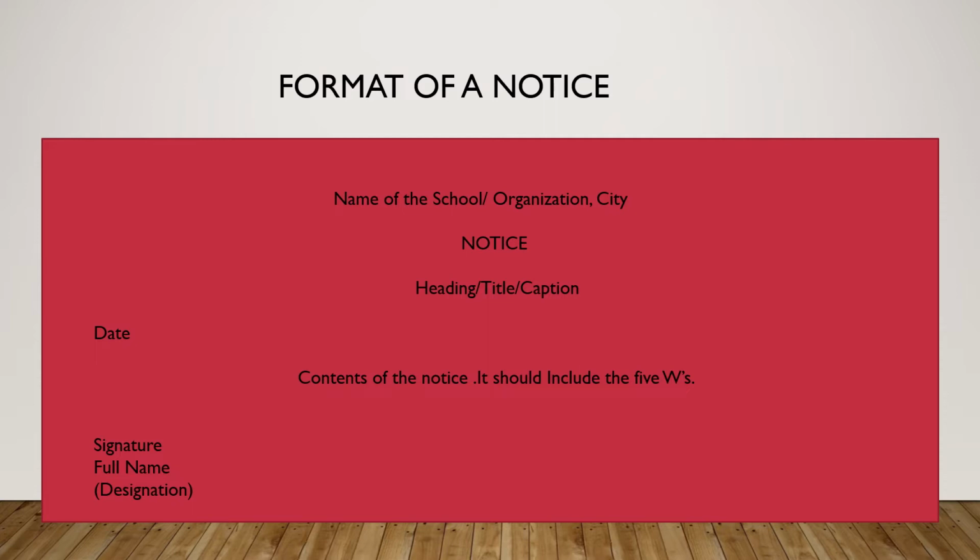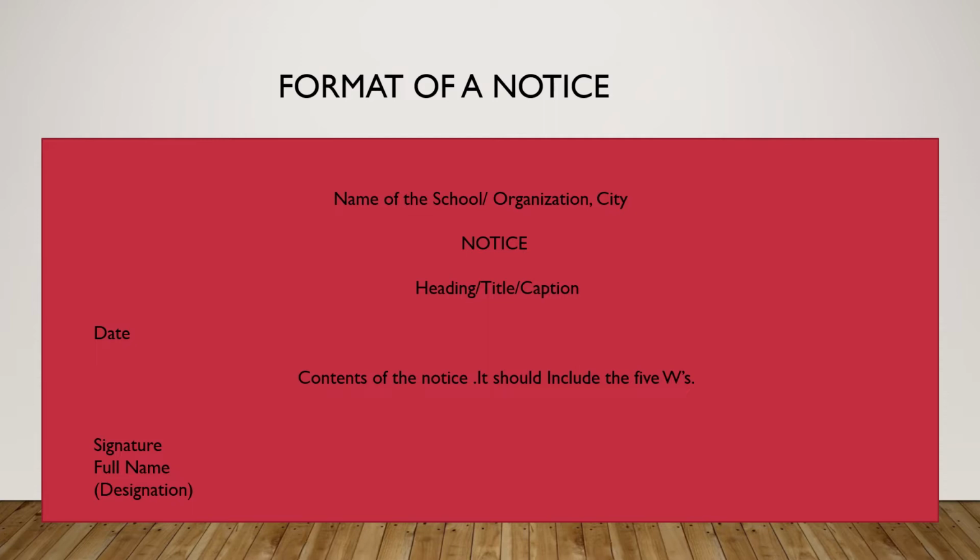Then we have to include who can participate and whom to contact for further information or if we want to give our names. You have to write all this in short and you have to use formal language and it has to be to the point.